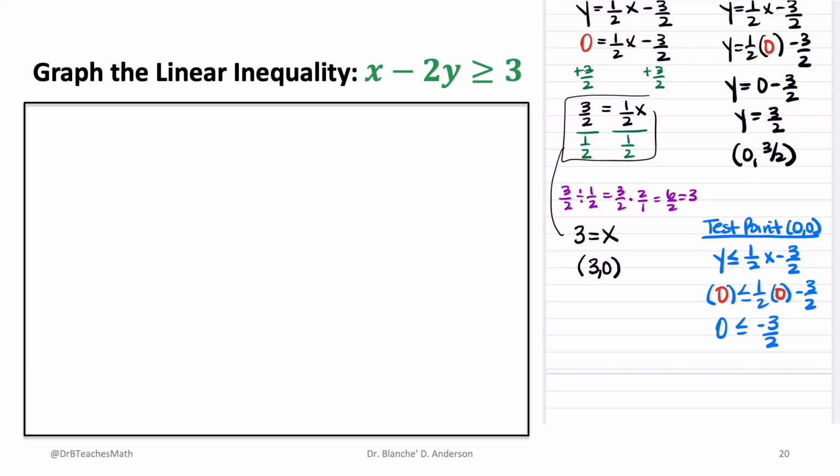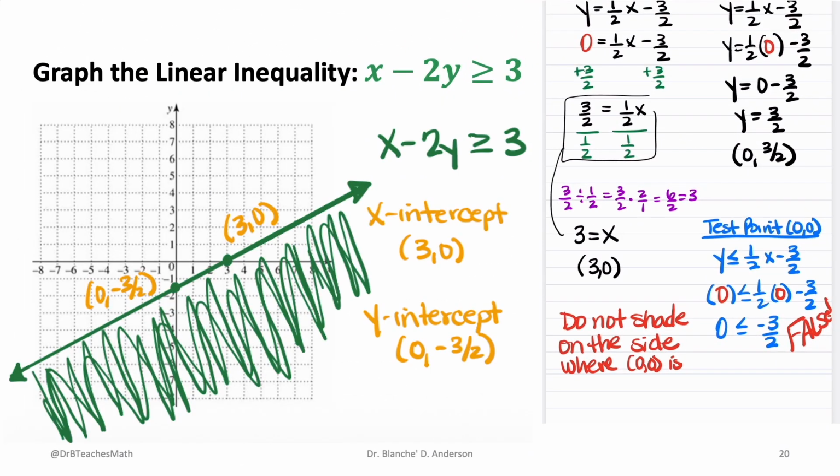Is that true? Nope. This is false. And because that is false, do not shade on the side where 0, 0 is.